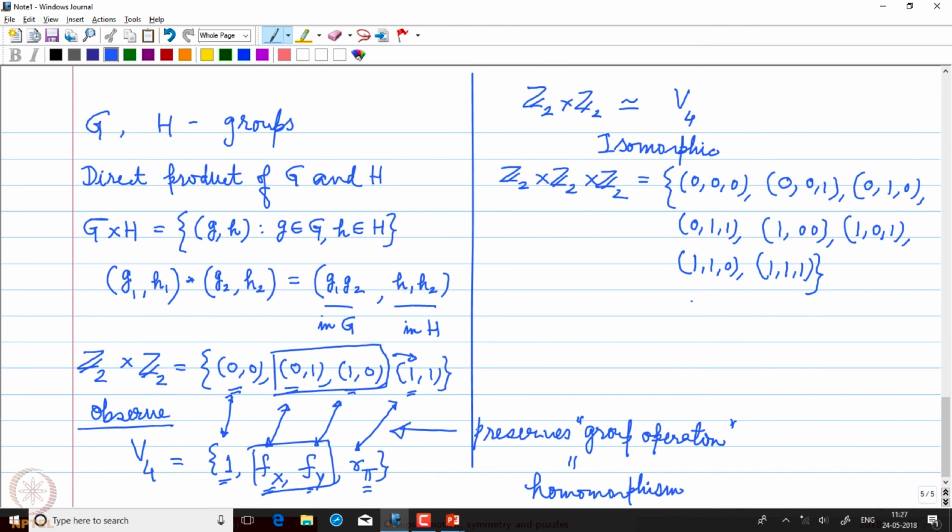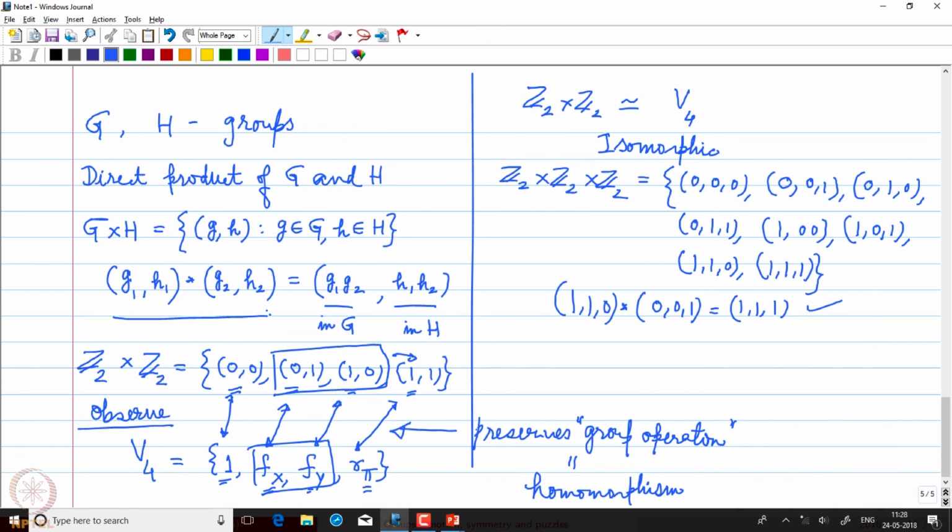So these are 8 elements, and you have the group operation exactly in the same fashion as here. So for example, if I add, meaning the group operation, 1, 1, 0 with 0, 0, 1, what I get is 1, 1, 1. So 1 plus 0 is 1, 1 plus 0 is again 1, and 0 plus 1 is 1. So this is the group operation exactly as I had defined here in the same fashion.